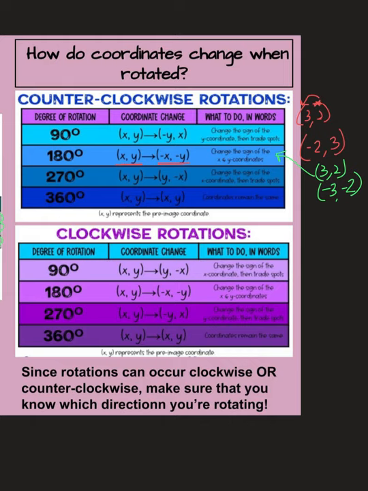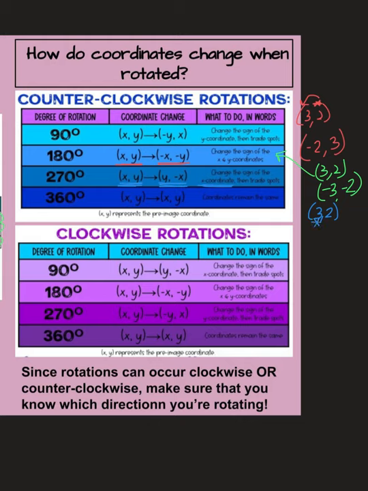Now if I do a counterclockwise 270, take my original xy, switch the positions and change the sign of the x coordinate. So if my original point was 3, 2, I'm going to change the sign of the x.